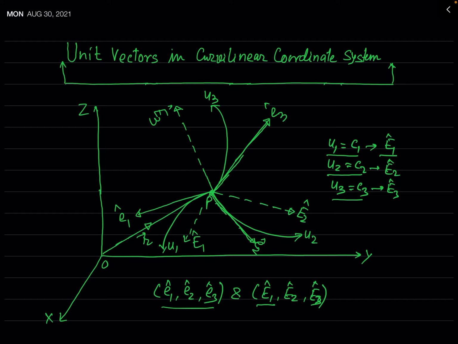If the coordinate system is orthogonal, it means the coordinate surfaces intersect one another at every point perpendicular to one another, then there is no difference between these two sets of unit vectors. Small e1 hat is the same as capital E1 hat, e2 hat is the same as capital E2 hat, and e3 hat is also the same as capital E3 hat.